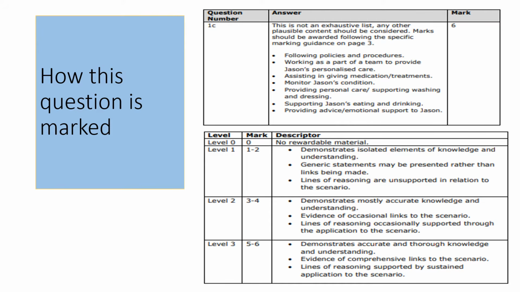But by adding more depth and linking to the scenario, you will get the higher level 2 and level 3 marks, giving reasoning why she would need to support the individual with feeding. What is Jason's problem? He's not going to be able to feed himself. He's got mouth cancer. He's going to need support. So linking to the scenario, almost like explaining why you've said something, will get you that level 3, 5 to 6 marks.